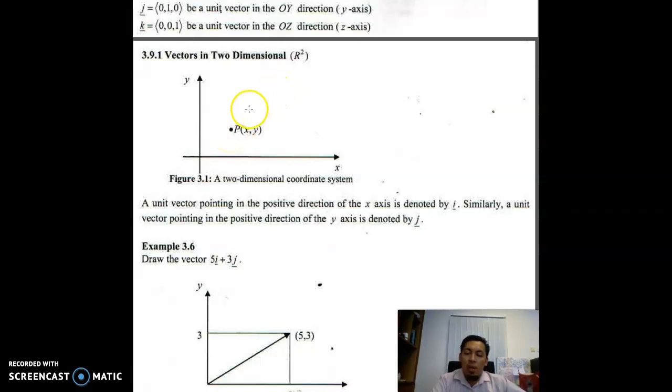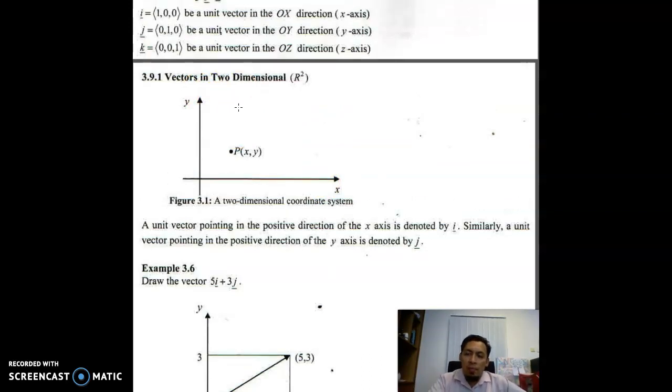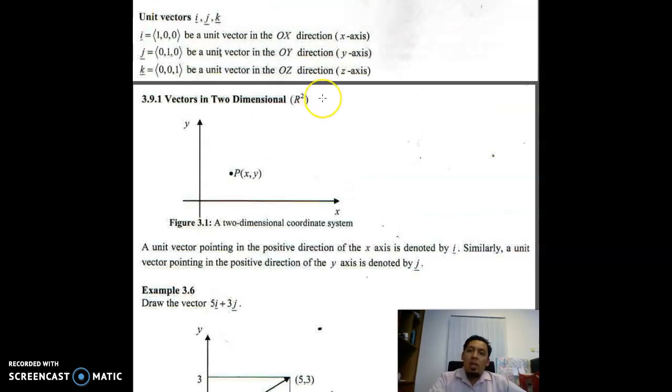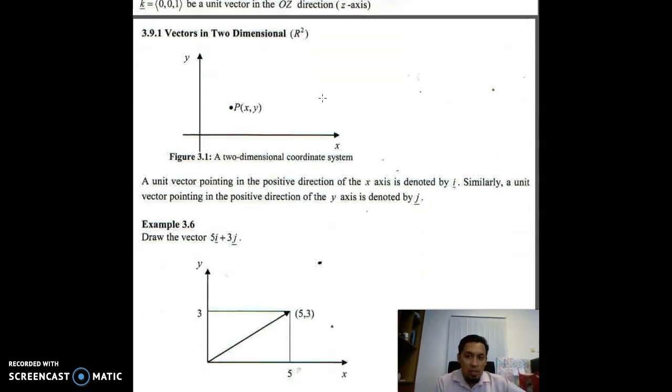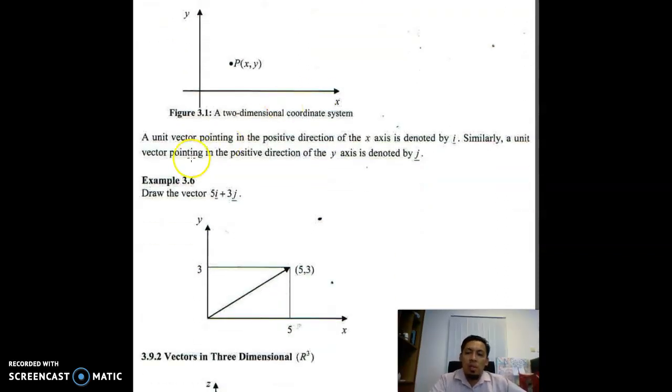You cannot have the same coordinate at different locations. That is impossible for a Cartesian coordinate. As for a vector, the value of the vector does not really indicate a location per se. So look at this, the vector is 5, 3.